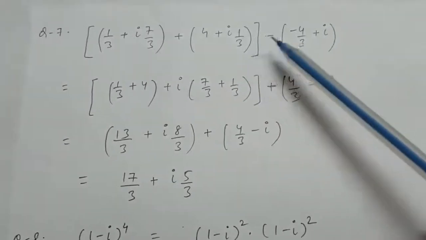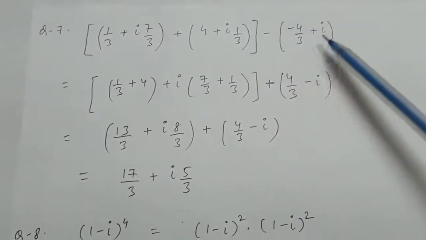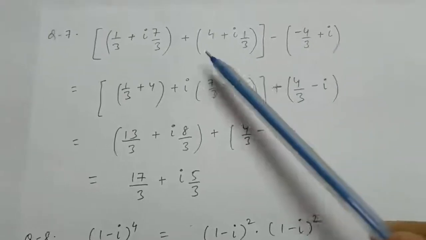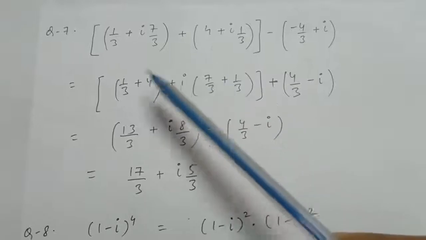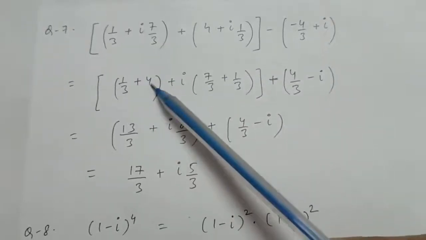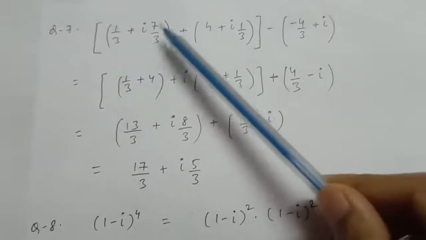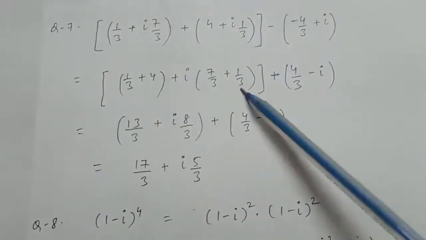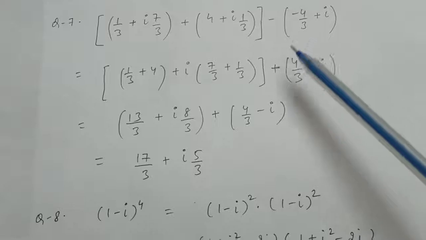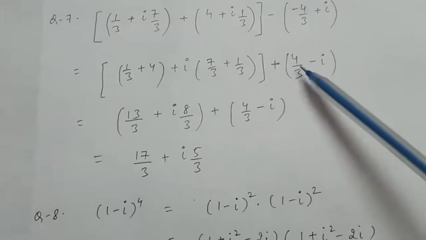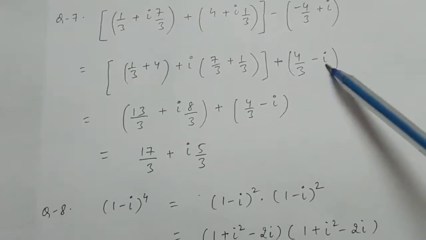Now question number 7 is (1 by 3 plus iota 7 by 3) plus (4 plus iota 1 by 3) whole bracket minus (4 by 3 plus iota). So first of all add these two complex numbers. So this will be 1 by 3 plus 4 plus iota (7 by 3 plus 1 by 3), right? And take this minus sign inside the bracket. So you will get minus 4 by 3 minus iota, right?